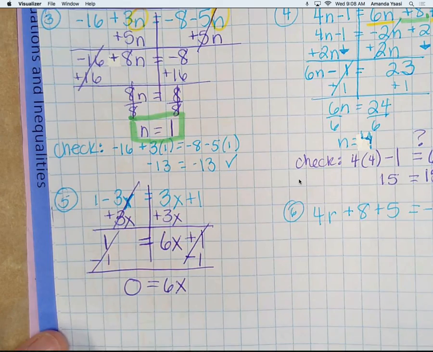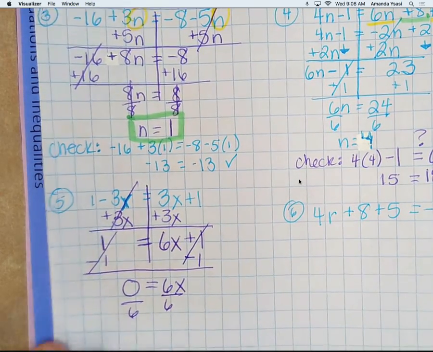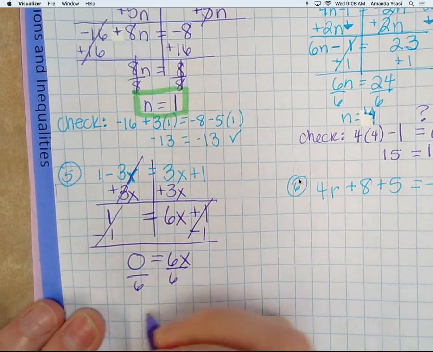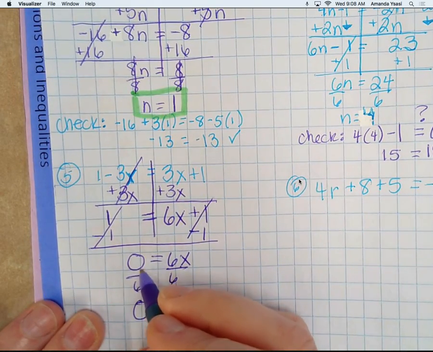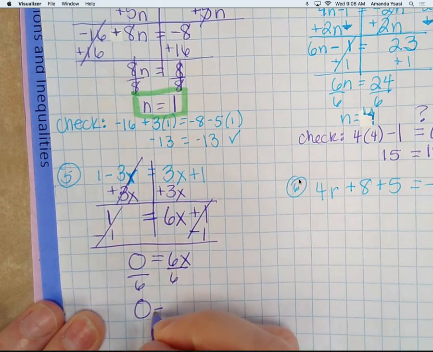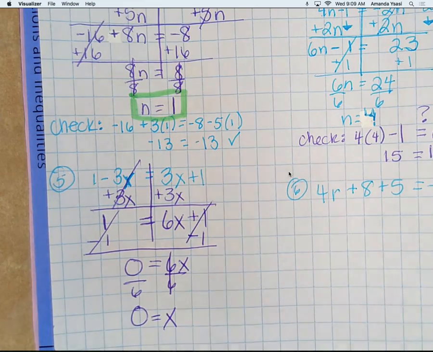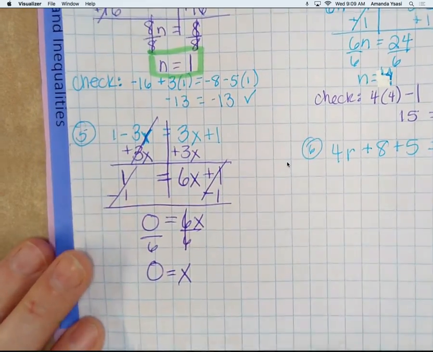And then what do we do? Divide by 6. If I have 0 and divide by a number, what do I get? 0. It's kind of like 0 cookies divided by 6 friends. Nobody's going to get anything. So x equals 0. We can get that as an answer.